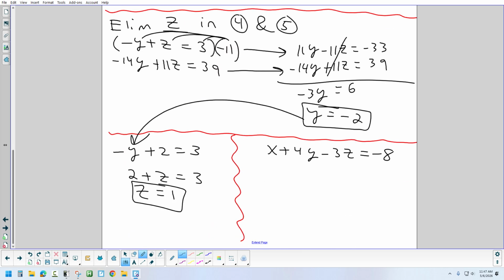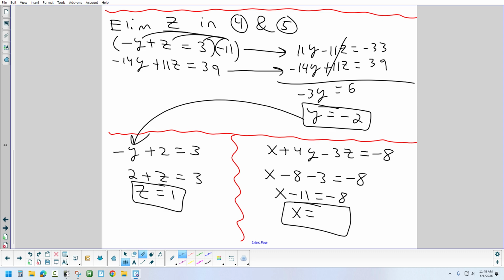So x we don't know. Y we know is negative 2, so 4 times negative 2. Z we know is 1, so negative 3 times 1. So negative 8 minus 3 is going to give me negative 11. And William, what are we going to get for x? 3. Yeah, 3. Perfect.